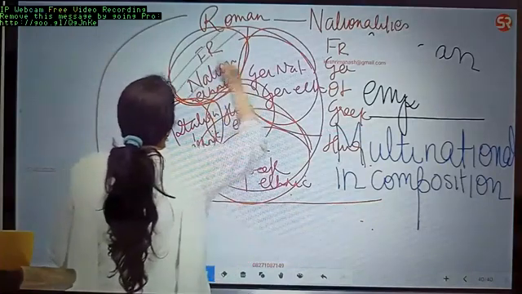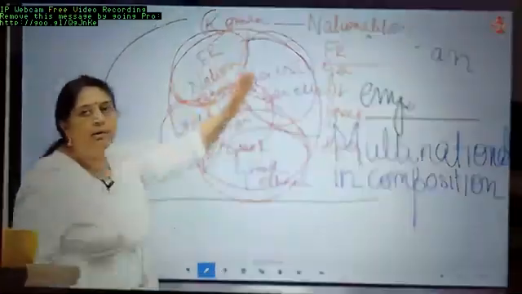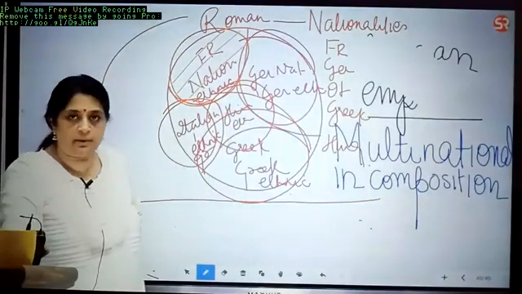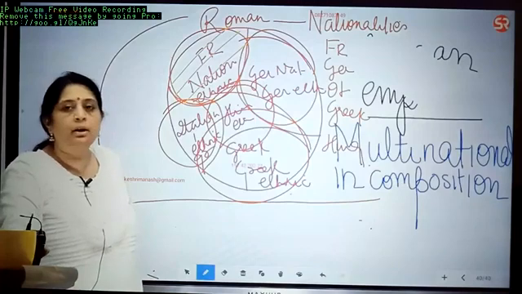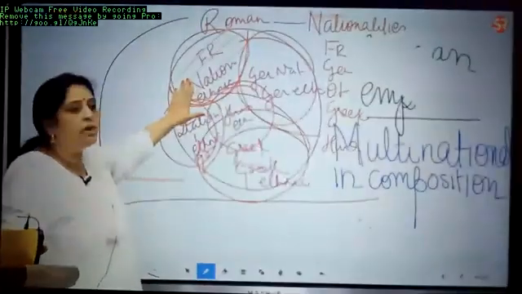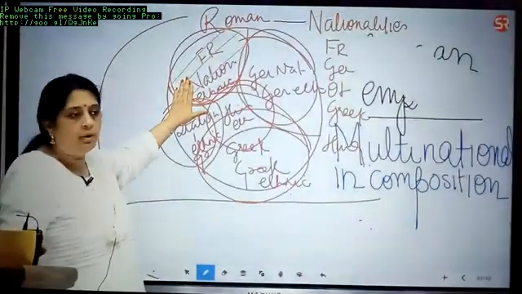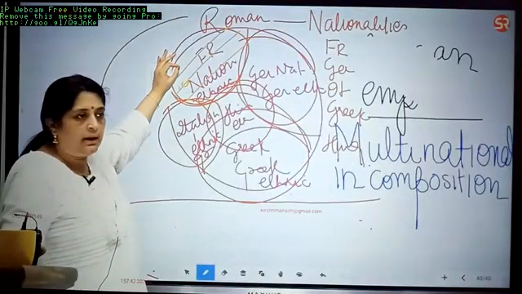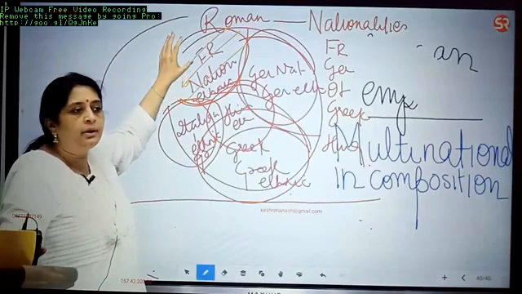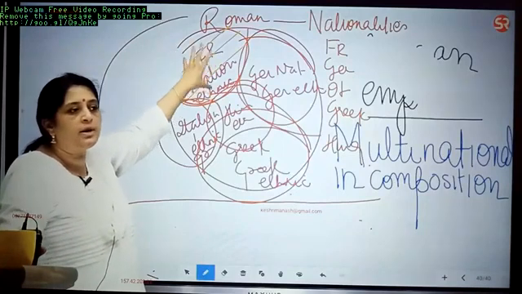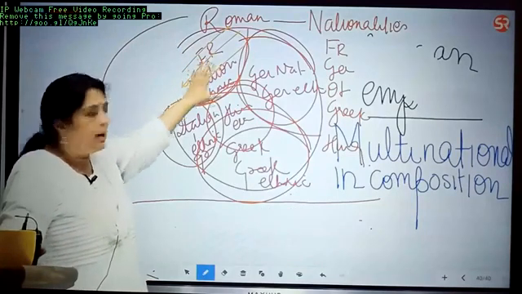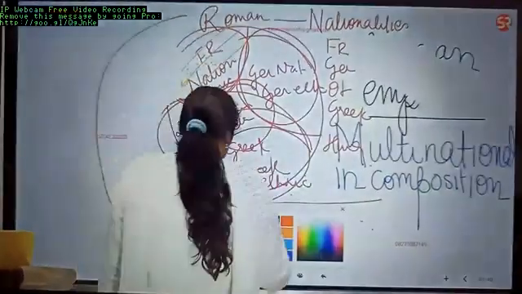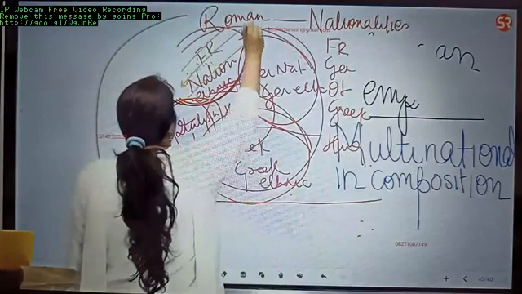So the first nation carved out of the Roman Empire was France. All French speaking people together formed one nation. And they said that we want a state of our own. And the prince here said, this is my territory.